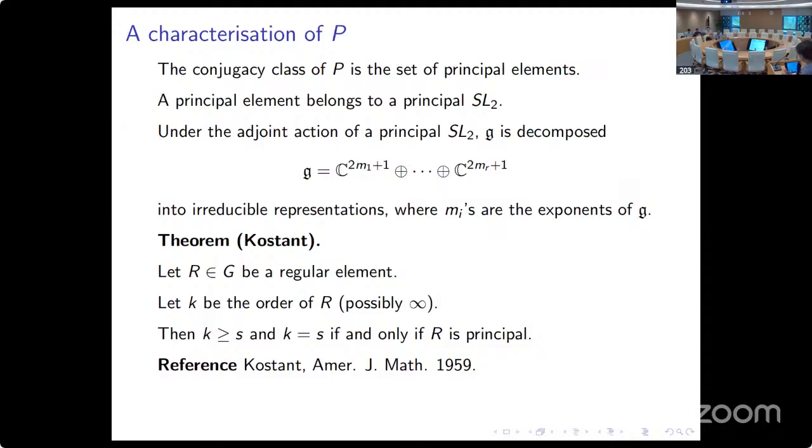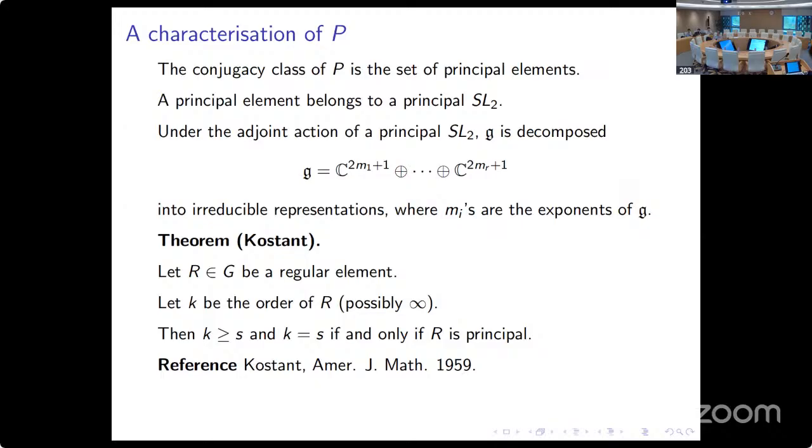So Kostant showed the following. If r is a regular element, in the sense that it is first semi-simple and all the eigenvalues are different, and assume k is the order of this regular element, which could be infinity, then the minimum possibility is h. And this regular element has order h if and only if it is a principal element as we just defined.